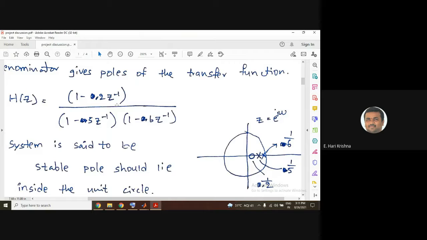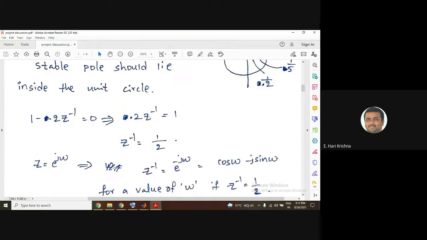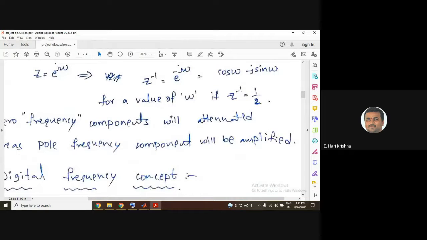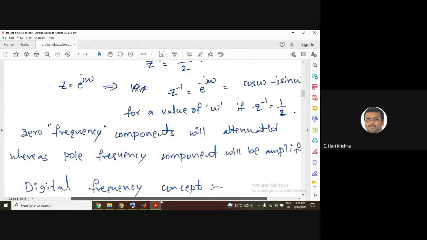It means that if you apply the frequency corresponding to the zero to the system, the output will be 0. So the very interesting conclusion is that the frequency corresponding to zero components will be attenuated. Exactly, we can say it is multiplied with 0.